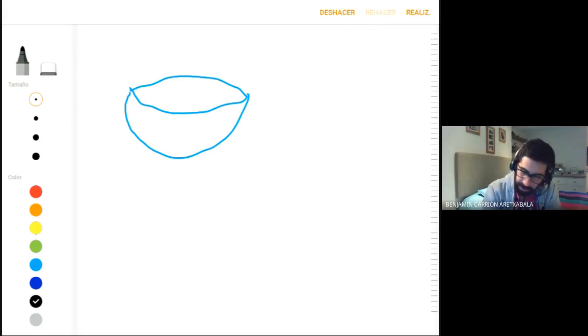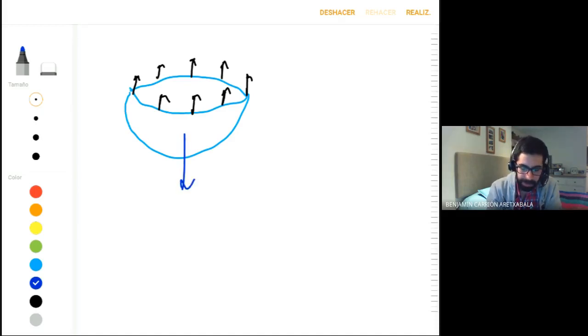So along the boundary, you're gonna have surface tension acting, right? And in the drop, you're gonna have the weight working down, right?